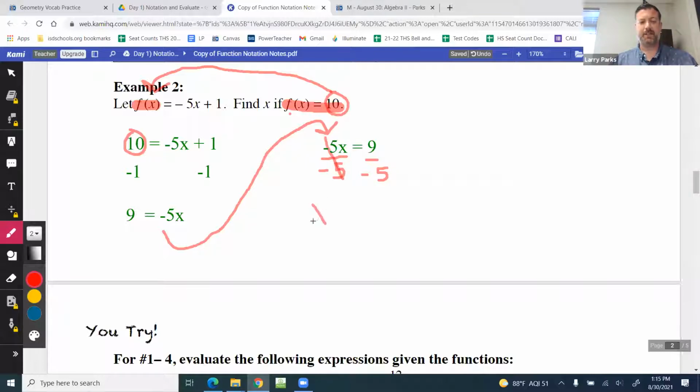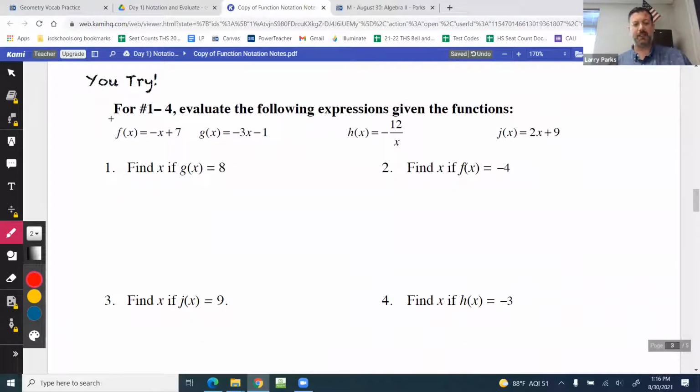And so I get x equals 9 divided by negative 5, or you could put negative 9 divided by 5. So x equals negative 9/5. So if you plug negative 9/5 into the function, it will spit out 10.